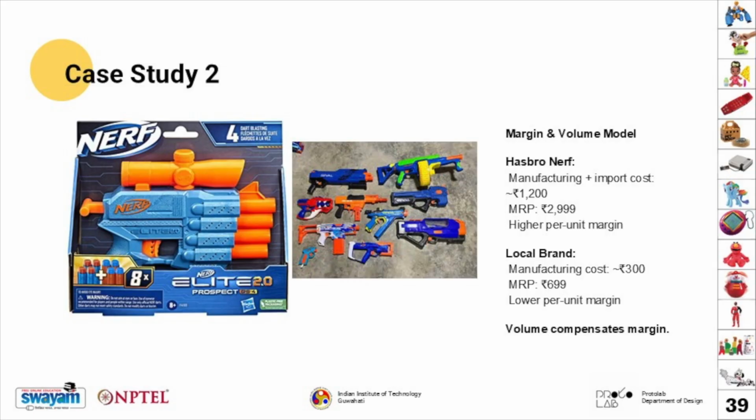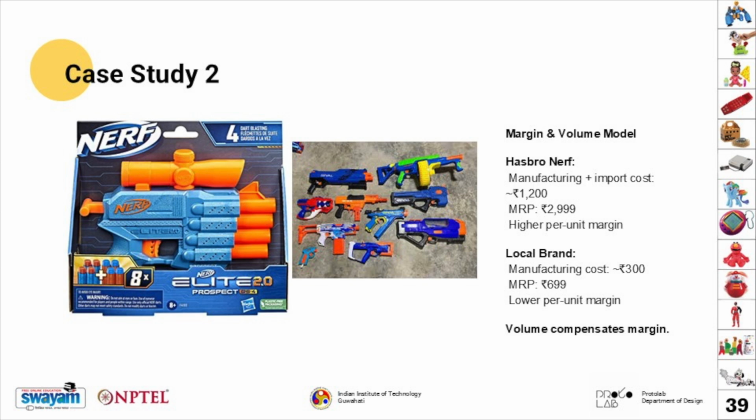Let us assume hypothetically but structurally reasonable numbers. If Hasbro landed cost per unit after import and duties is around rupees 1,200 and the retail price is rupees 2,999, the contribution margin per unit may be significant but must cover global marketing and R&D investment.